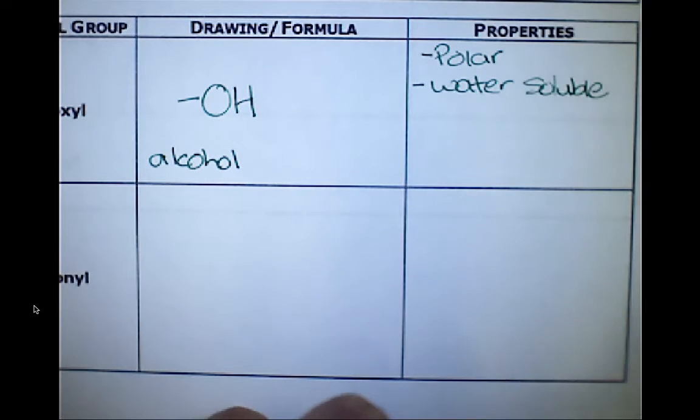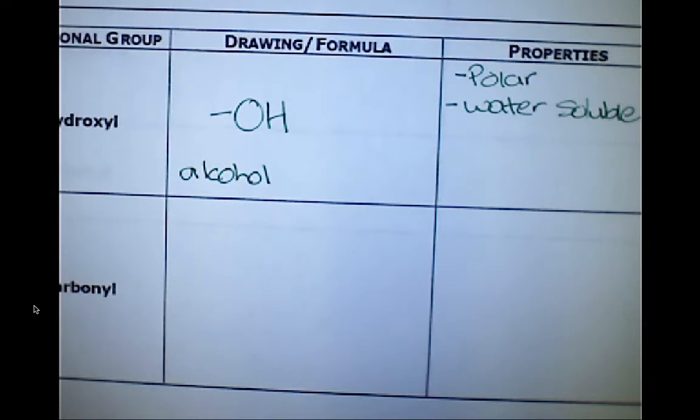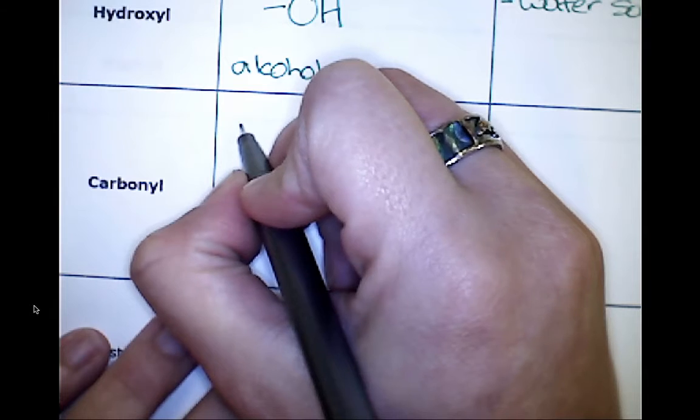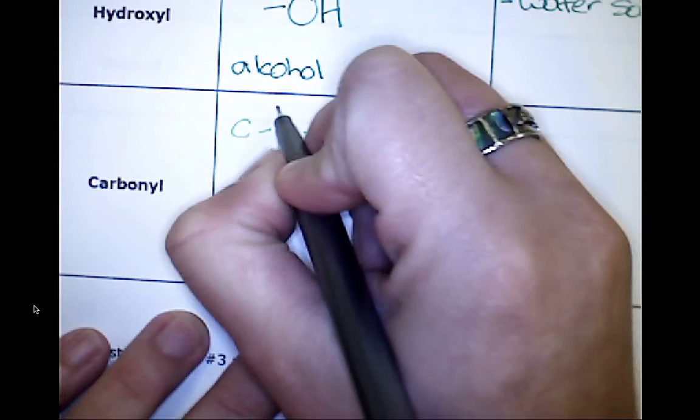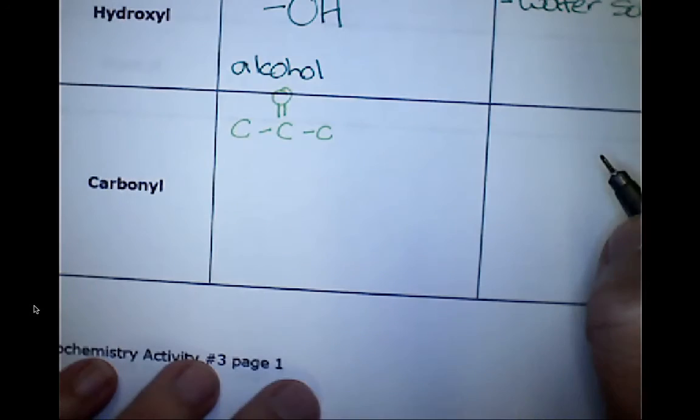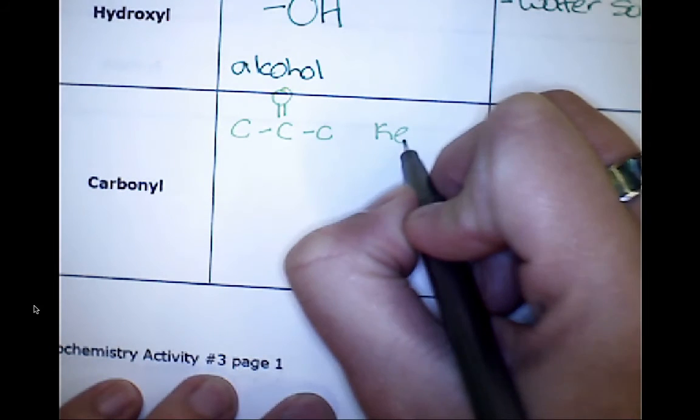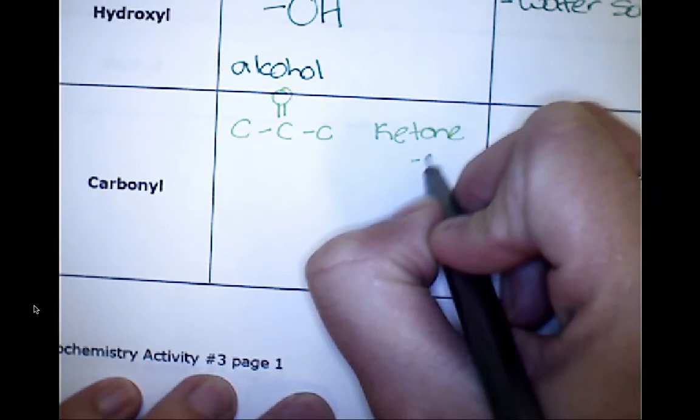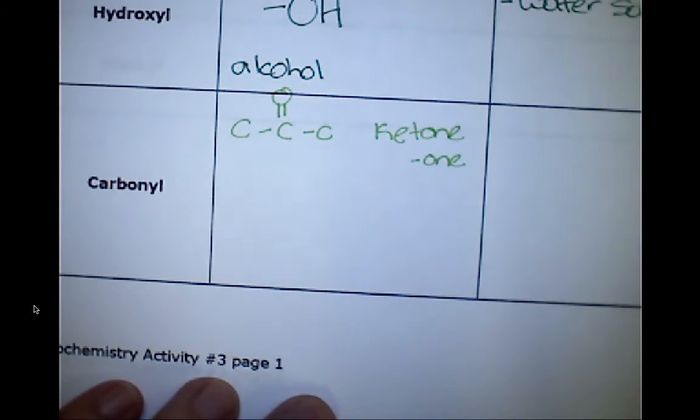Okay. The next one that we can look at is what's called a carbonyl group. So carbonyl. And a carbonyl is when you have a double bonded oxygen. So you can have it like this. And the reason why I'm drawing it up there is because this one is what we call a ketone. A molecule will end in ONE in this case.